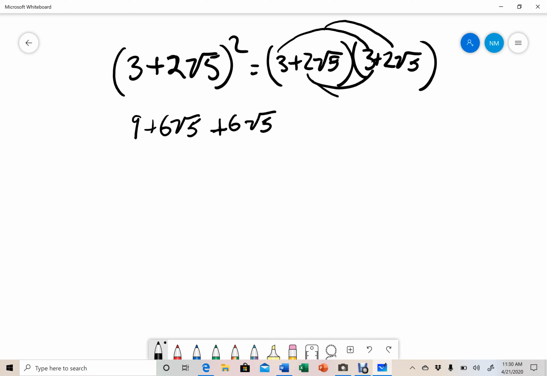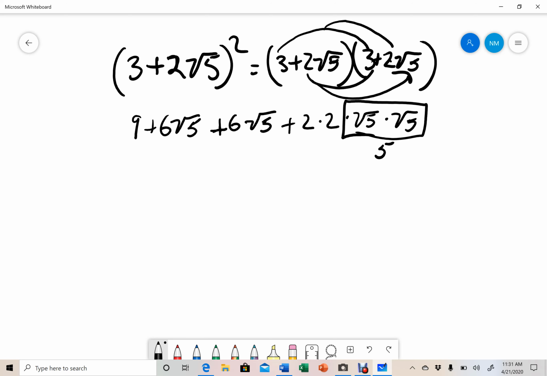And then we've got 2 times the square root of 5 times 2 times the square root of 5. So what this looks like is 2 times 2, those are our 2's, and then the square root of 5 times the square root of 5. What happens when we multiply the square root of 5 times the square root of 5? That gives us 5.